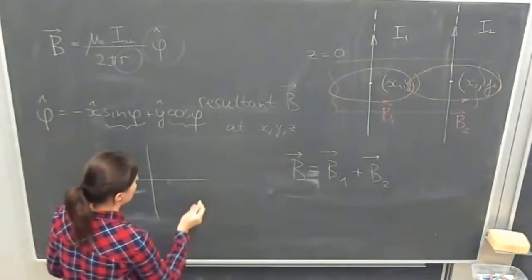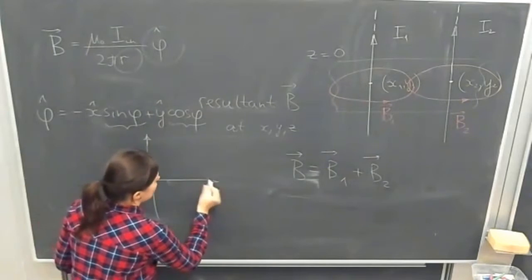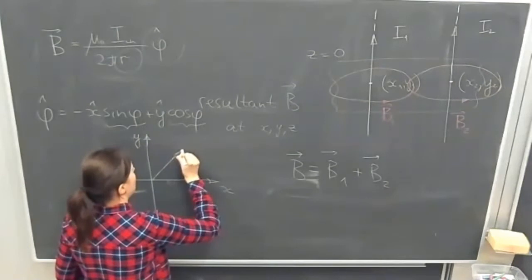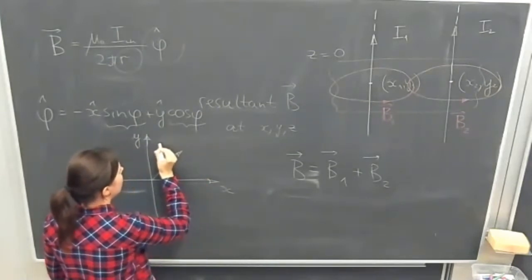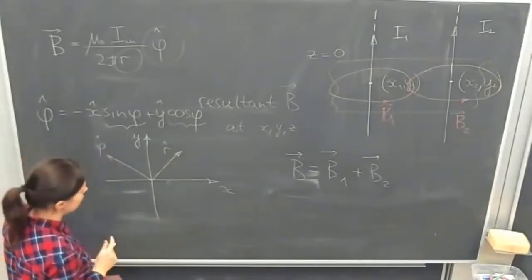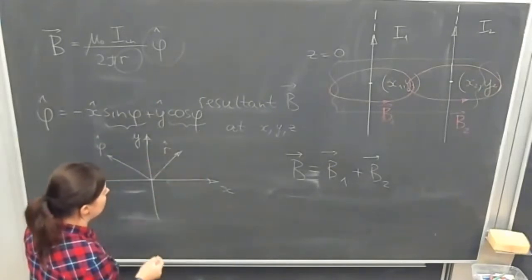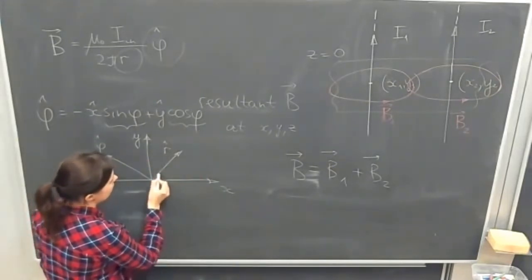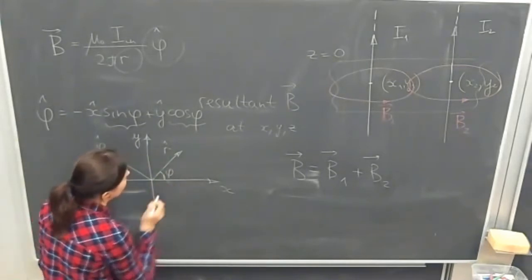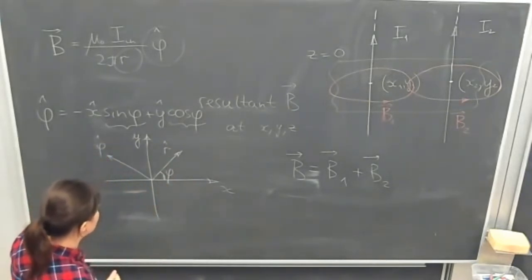If we draw both systems of coordinates, we have here x and y, and then we have also r, and this is the phi unit vector. The phi angle would be between the x-axis and the r vector. So this would be our phi angle, directed in the phi direction.